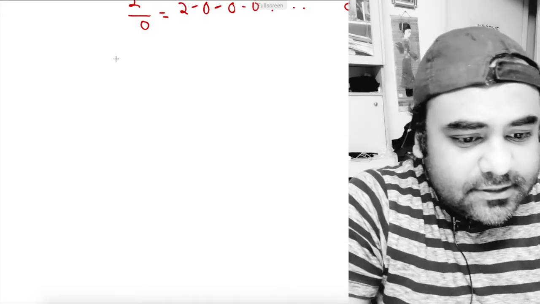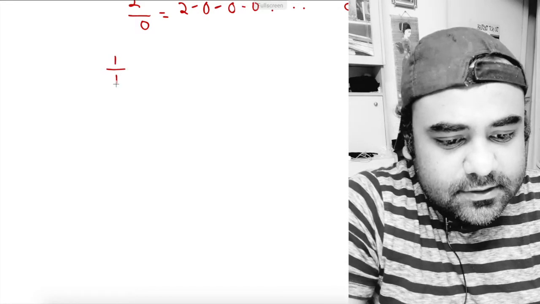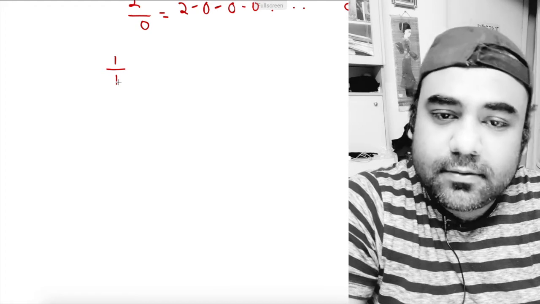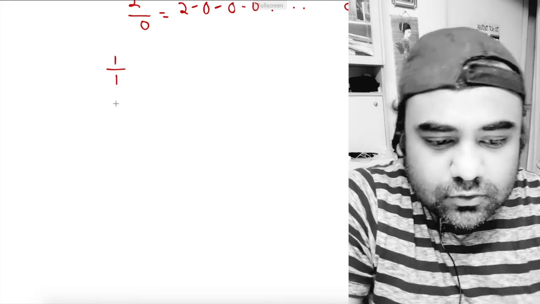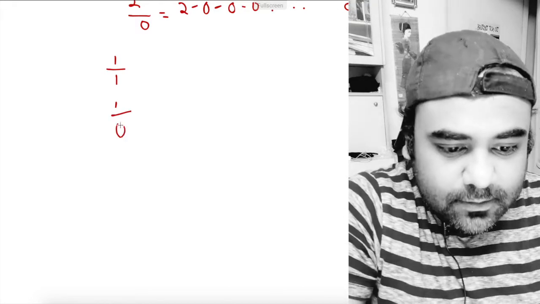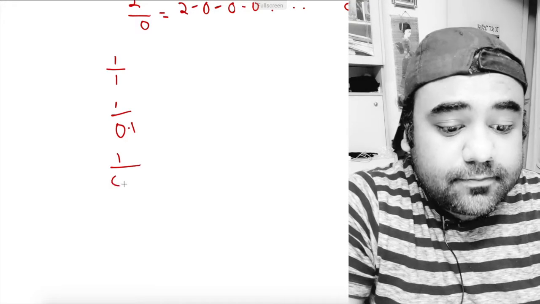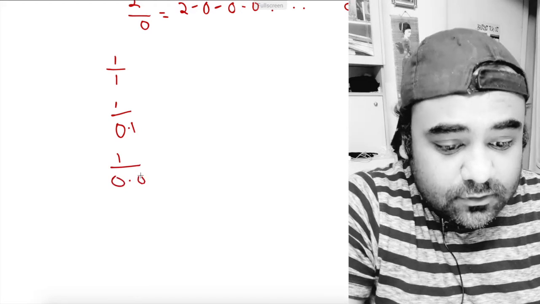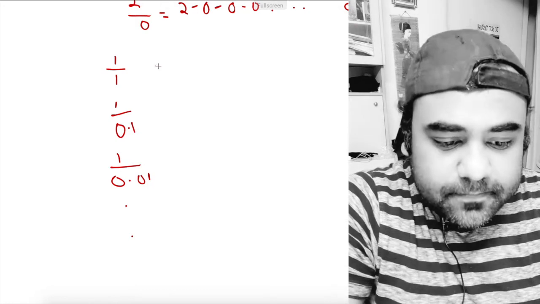So let's take the first series. Let's take 1 divided by 1, right? So from 1 we will go down to 0. So how do we go down to 0? So 1 divided by 1, then you have 1 divided by 0.1, similarly 1 divided by 0.01, and so on, right?